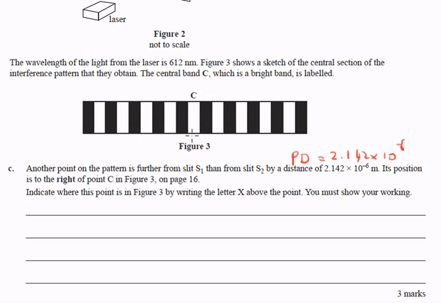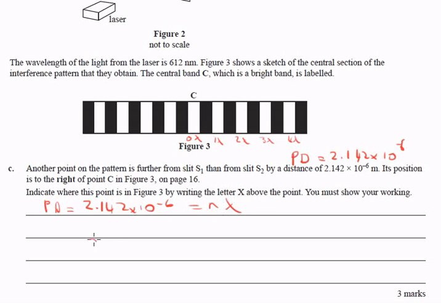We know each one of these, this is 0 wavelength path difference, this is 1 wavelength, this is 2 wavelength, this is 3 wavelength, this is 4 wavelength, and the ones in between are obviously half as well. We've got to work out how many wavelengths this path difference is. So path difference equals 2.142 by 10 to the minus 6, and usually it equals n wavelengths.